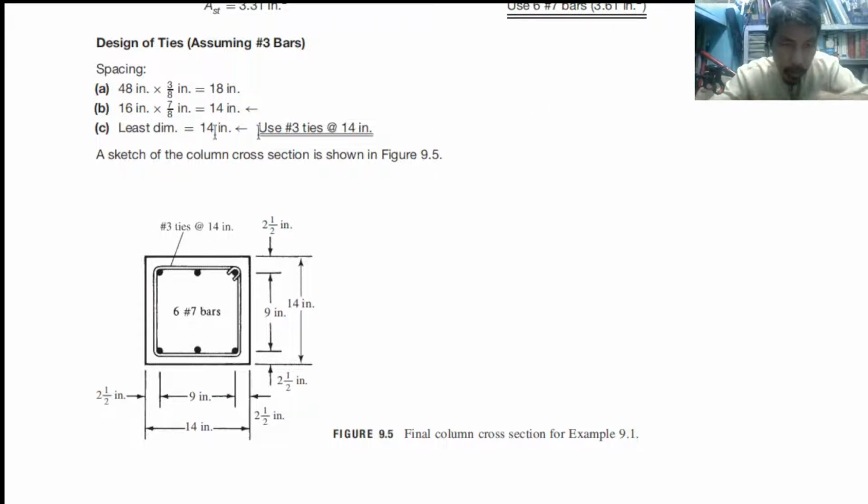The least dimension is 14, so that is also the spacing, 14. But letter A, letter B, I don't know. So this is 48 times what? 3/8. Okay, then 16 times 7/8.